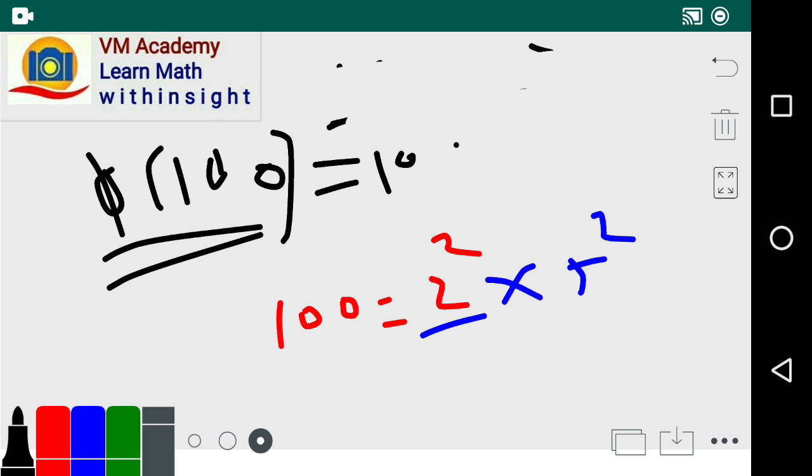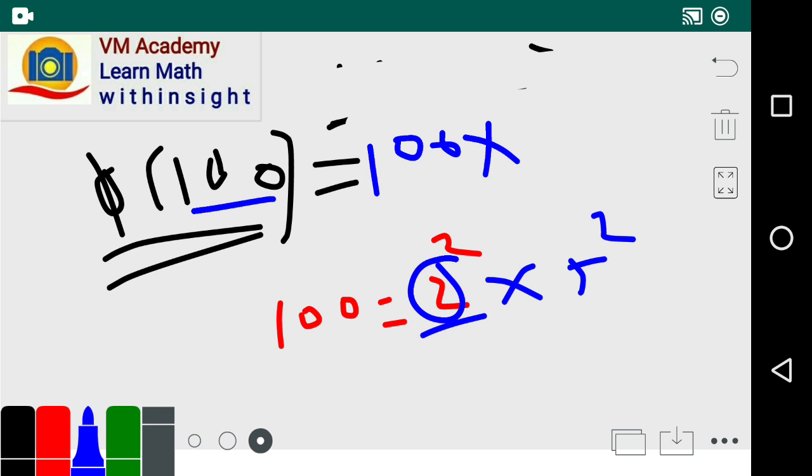Now phi of 100 is 100 into, now 2 and 5 are the prime factors in the factorization of 100.